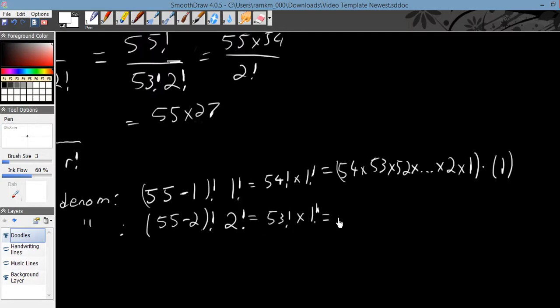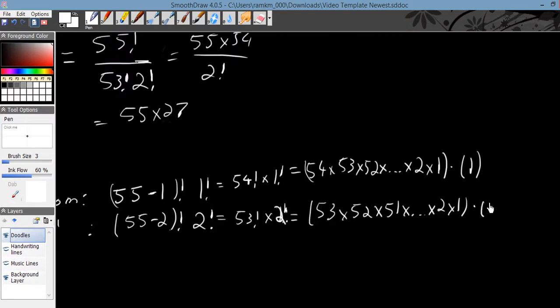What about the other case? Well, this is 53 times 52 times 51, again all the way to 2 times 1, and then times 2 factorial.